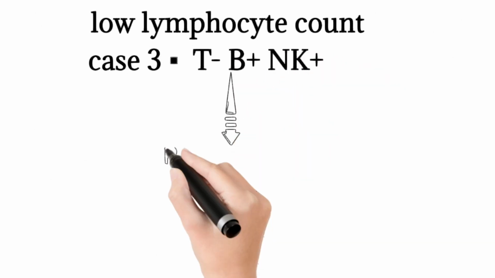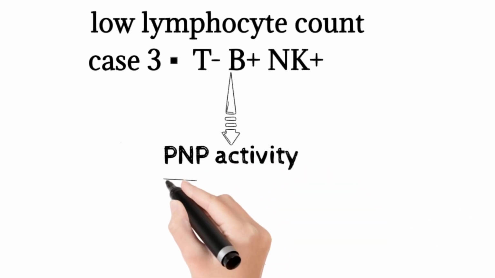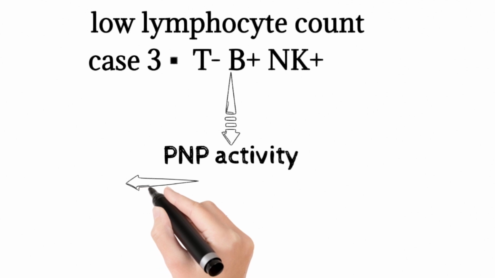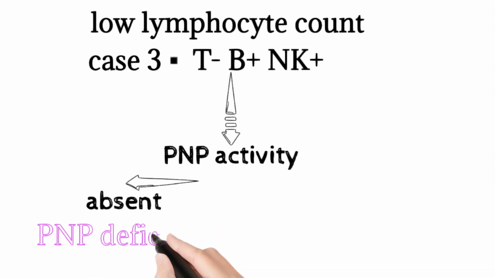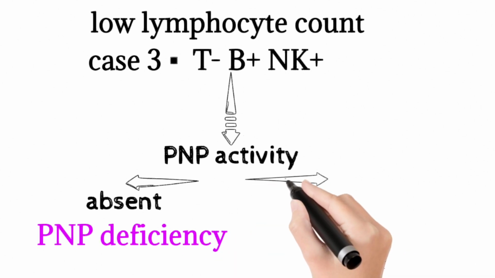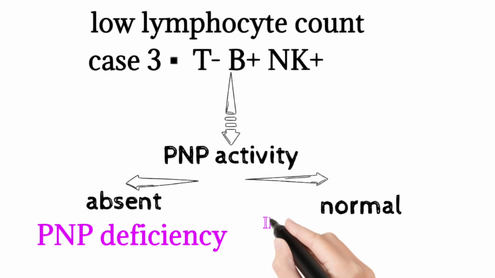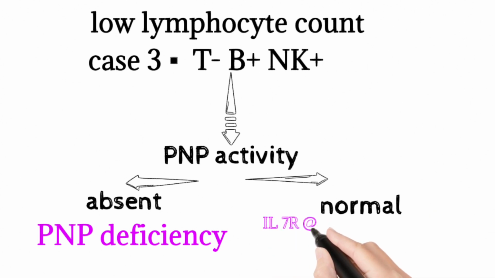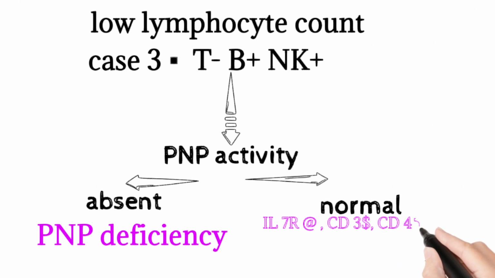Here we do PNP activity. If the activity is absent, we have PNP deficiency, and if the activity is normal, then we have interleukin 7R alpha, CD3 delta, CD45 deficiency. These are complex topics, still you have to remember all these.